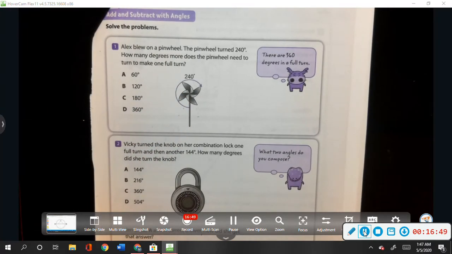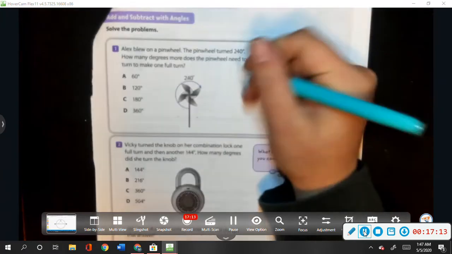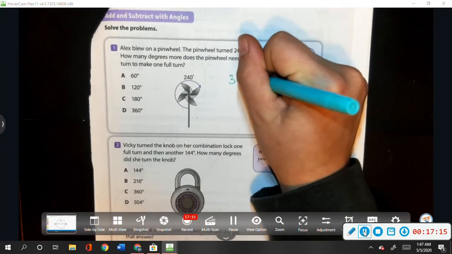Number 1, Alex blew on a pinwheel. The pinwheel turned 240 degrees. How many degrees more does the pinwheel need to turn to make one full turn? One full turn makes a what? It makes a circle. We know that a circle is 360 degrees. So in order for the pinwheel to go all the way around, it would have to be 360 degrees.